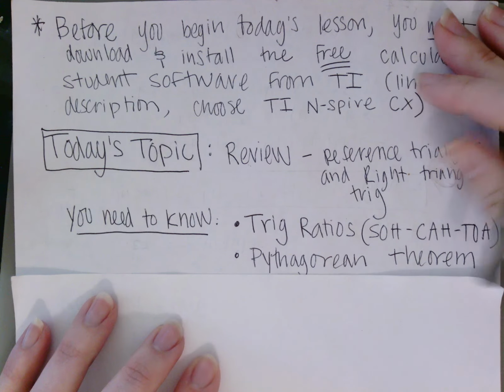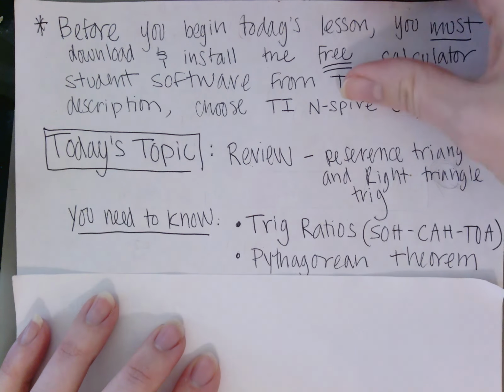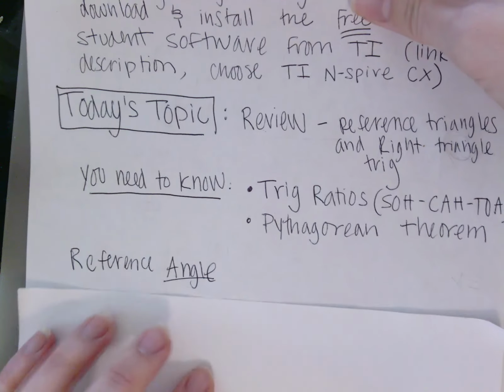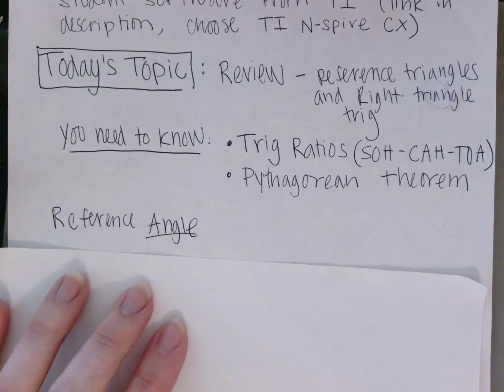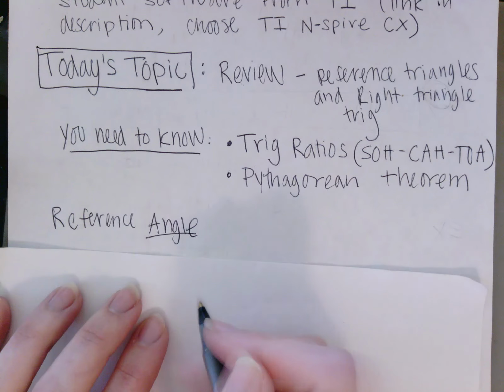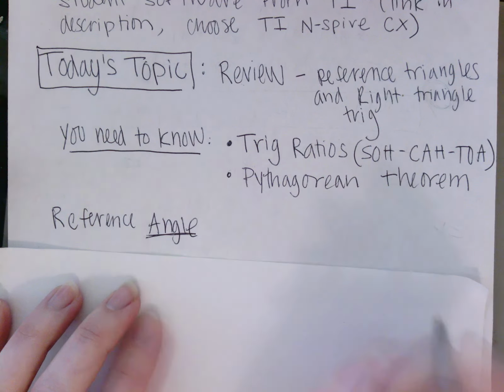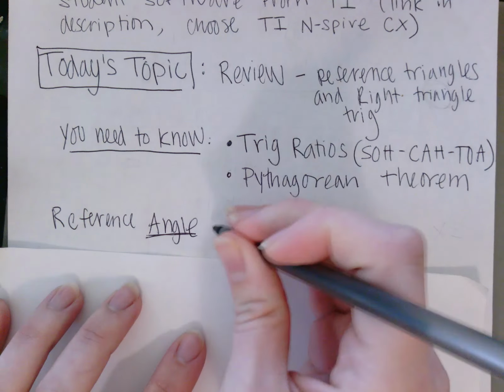Before we can jump into the lesson, we need to go over one piece of vocabulary, and that is a reference angle. A reference angle is what it sounds like, an angle.